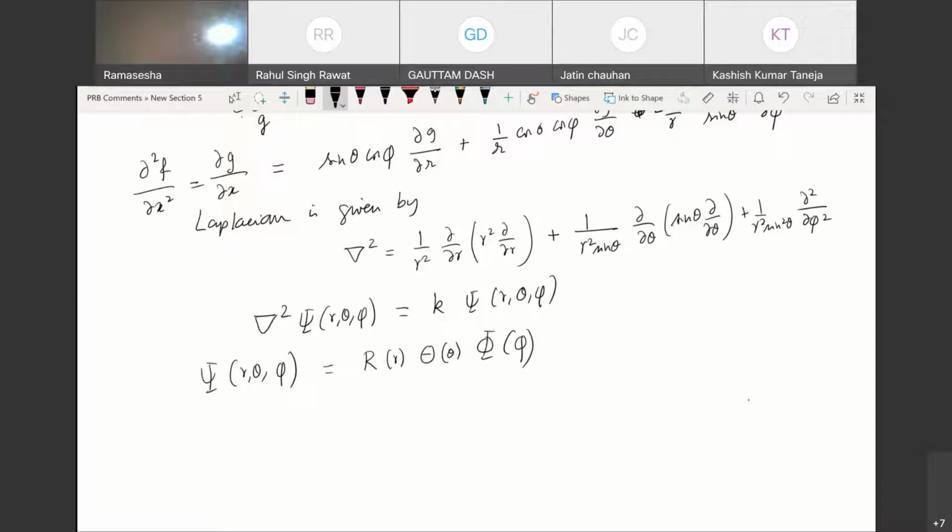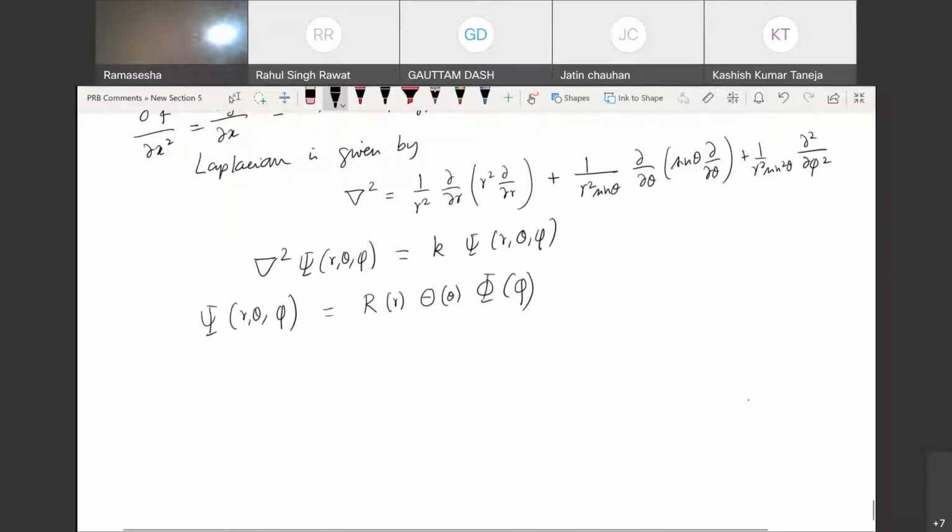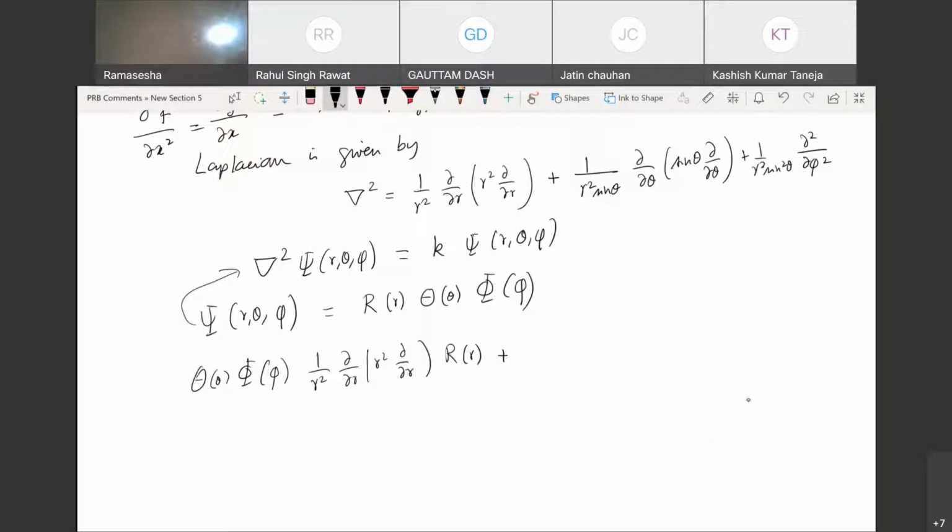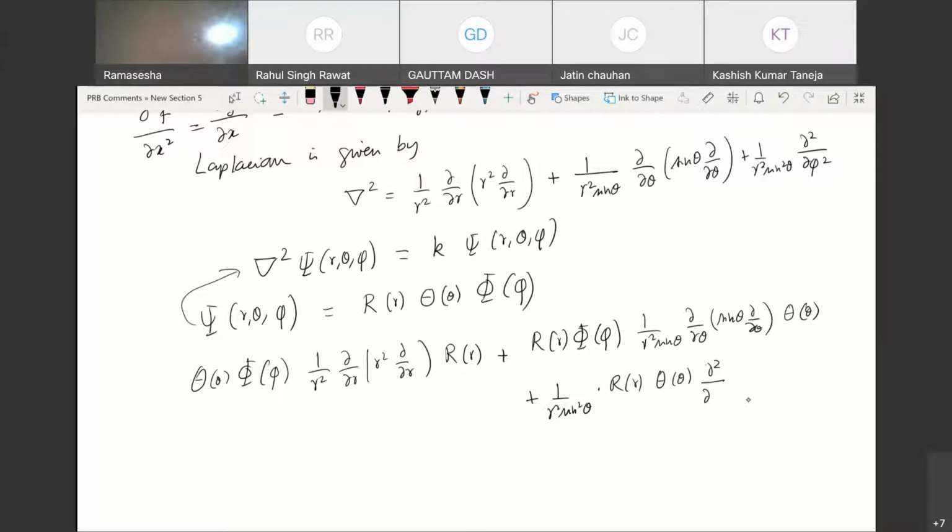So if I substitute, I get Theta of theta, Phi of phi into 1 by r squared del by del r of r squared del R by del r, plus, since this one is a function of just theta, I pull out the R of r and Phi of phi: R of r Phi of phi into 1 by r squared sine theta del by del theta sine theta del by del theta of Theta of theta, plus 1 by r squared sine squared theta into R of r Theta of theta into del squared by del phi squared of Phi of phi.